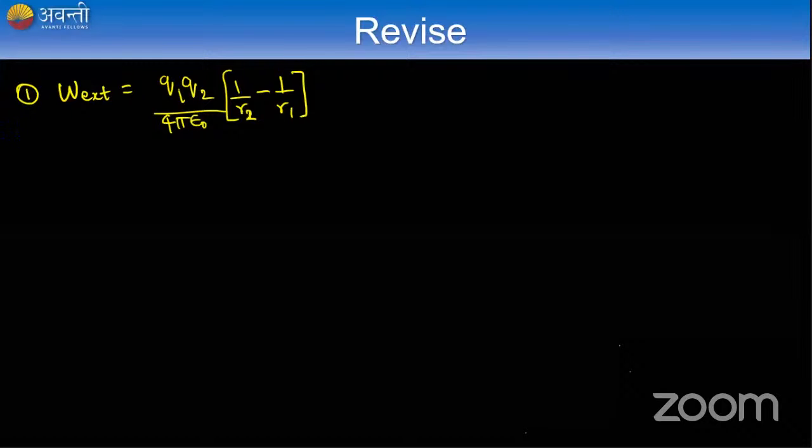Second thing was conservative force. What is a conservative force, guys? Come on, reply in the chat box. YouTubers, Zoom people, please try to reply. What do you mean by a conservative force? Yes, correct, Dikshita. It's independent of path.